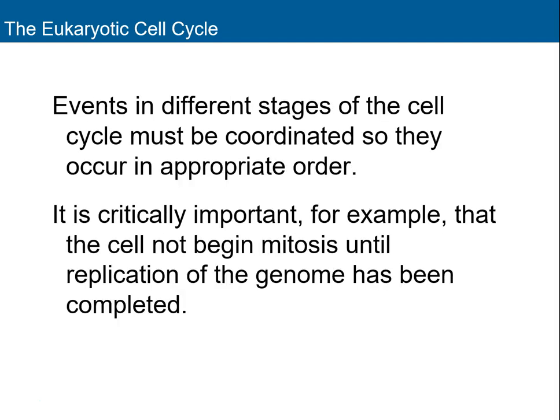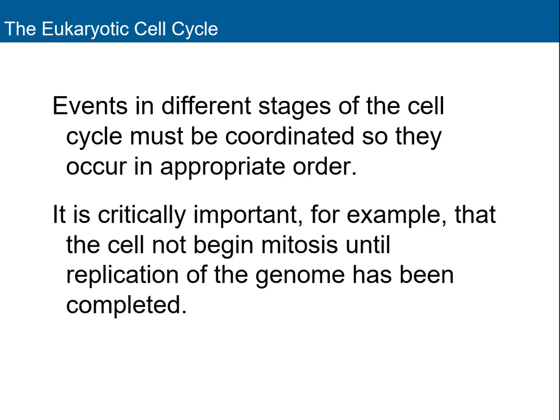But now the next part we're talking about are these checkpoints. When we went over this in General Bio, or in Bio 111, we showed the cell cycle and said, here are the checkpoints, okay? I think we've already talked about that first one. Now we're going to talk about what these checkpoints are: they run through the cell cycle to make sure the cell is going through these phases in order, and also to make sure that what was supposed to happen at that phase has happened before it moves on to the next phase.